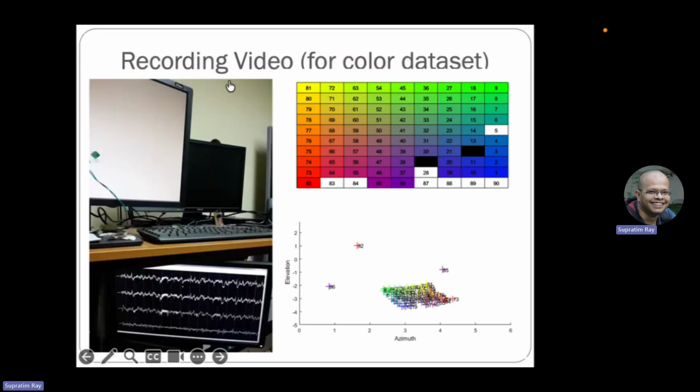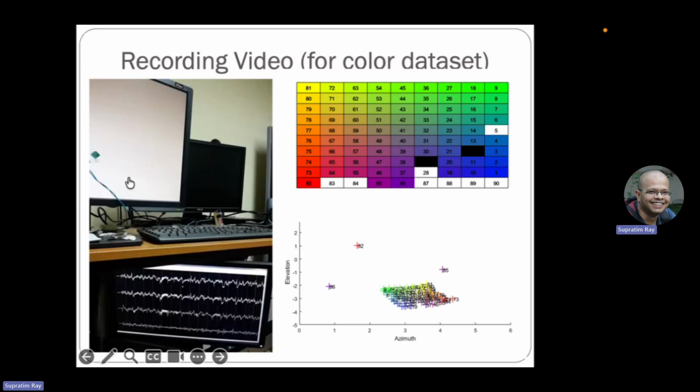This is how recordings look like in our lab. I thought I'll show you a little bit. What you see here are LFP traces, local field potential traces from 3 out of the 90 electrodes that we are recording from.